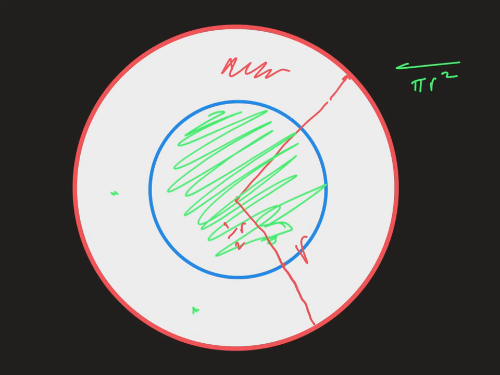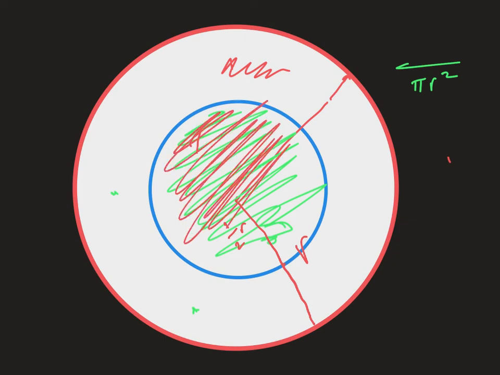We see that r squared cancels, so actually the radius doesn't matter, right? And we see 1/4. So we have a 1/4 chance of throwing a dart into this blue circle, essentially. And therefore, we have a 1/4 chance of throwing a dart where it's closer to the center than to the edge. A 25% chance.